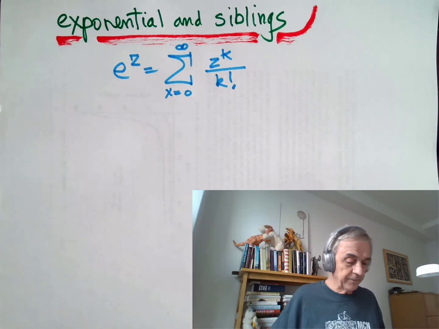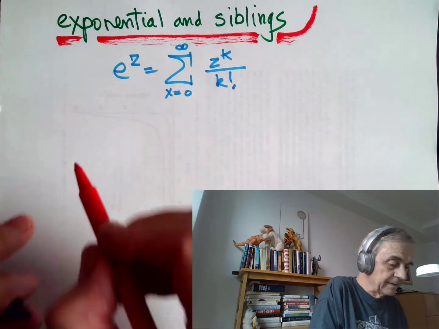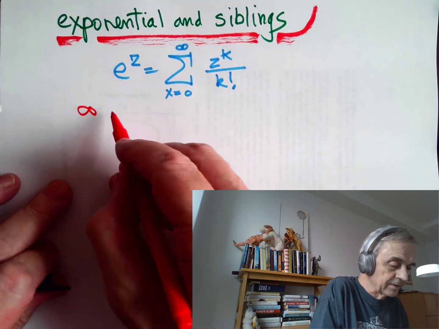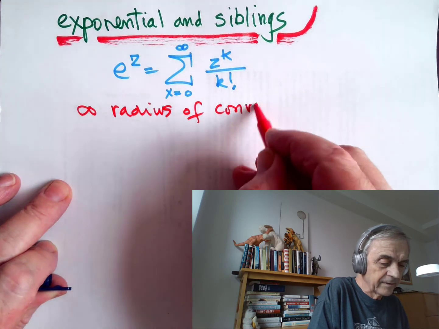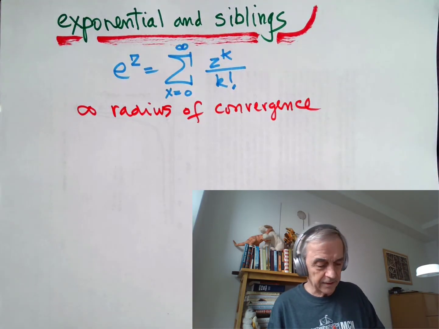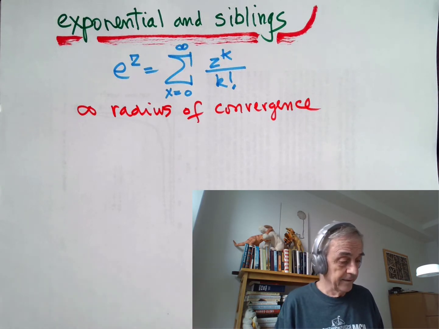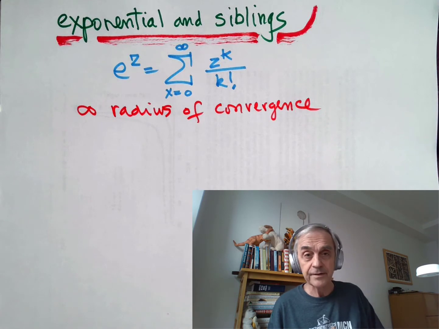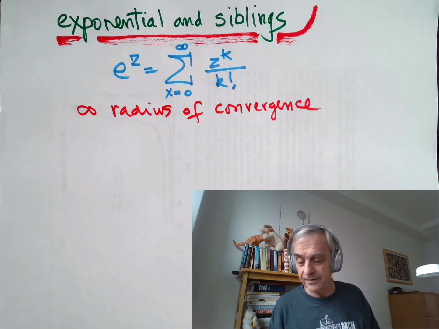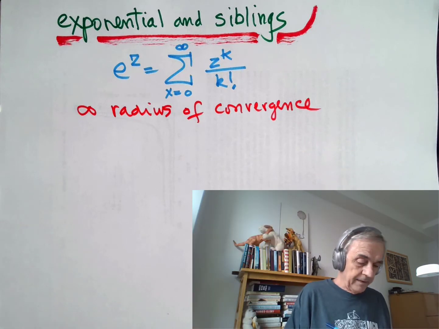Now the wonderful thing about exponentials is they have infinite radius. In the example we just looked at, geometric series, the radius of convergence was 1.